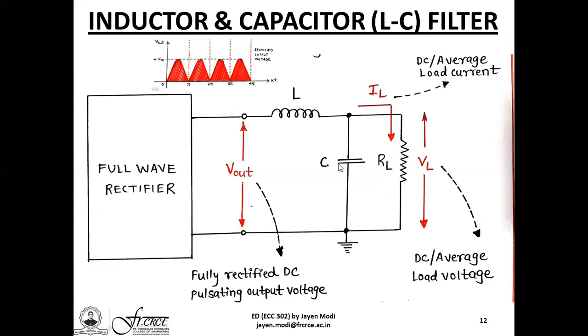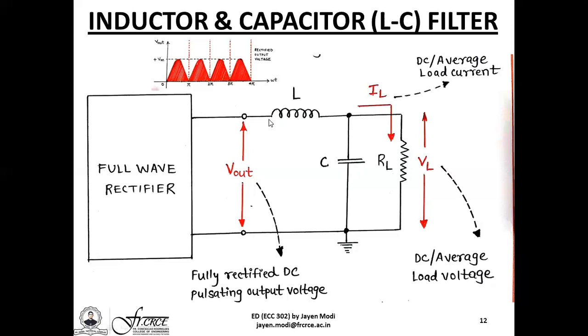Now, if the ripple frequency indeed achieves a resonance condition where the ripple frequency becomes equal to f naught, where f naught is equal to 1 upon 2 pi root LC, both the inductance and the capacitance will have exactly the same reactances. We'll have XL exactly equal to XC.